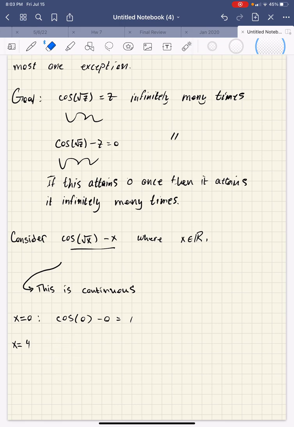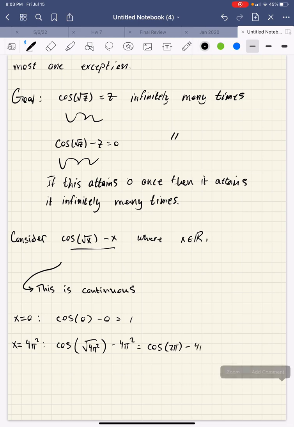Let's say x equals 4 pi squared. Then cosine of square root 4 pi squared minus 4 pi squared is equal to cosine of 2 pi minus 4 pi squared, which is 1 minus 4 pi squared, which is certainly less than 0.